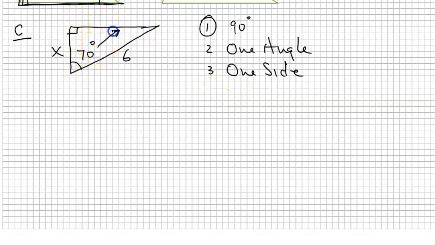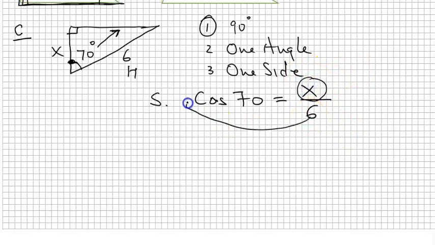So you can see that in this question the hypotenuse is given, so it is either sine or cos. Now the side we have to ask is touching this angle, so this is cos. cos 70 is, this is adjacent, this is hypotenuse, that is x over 6. Now this x is already separated, so you just put 6 here.